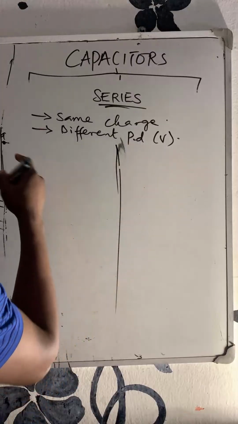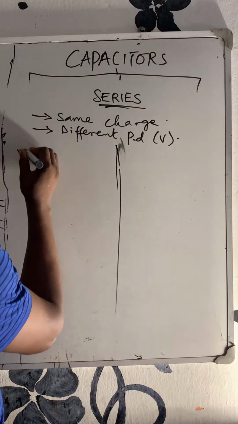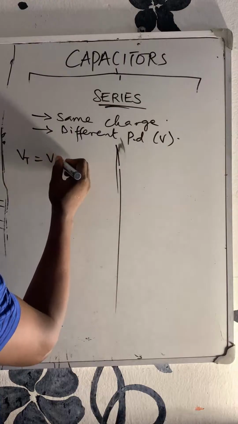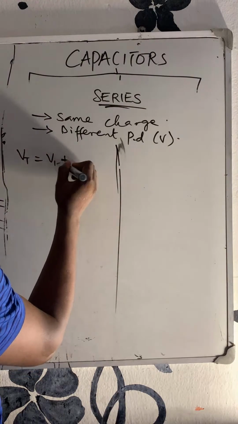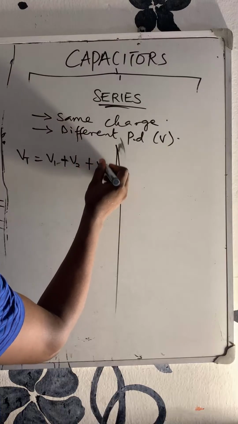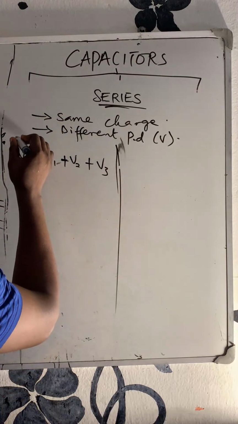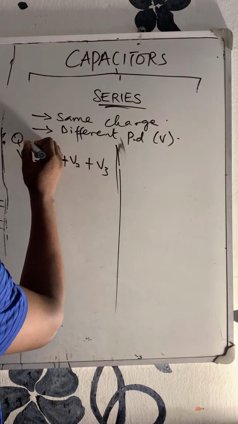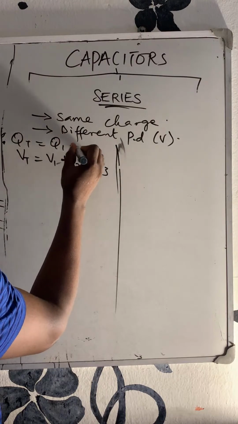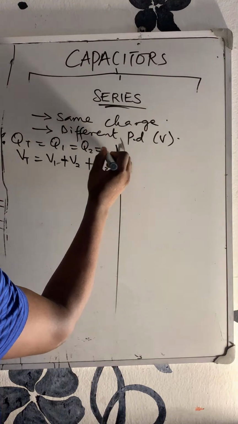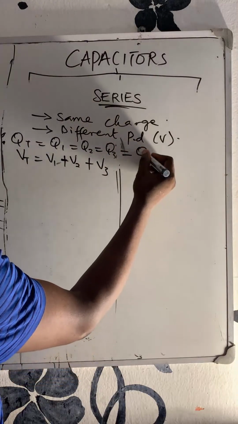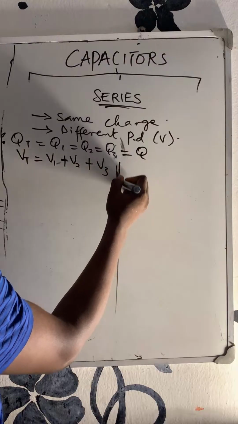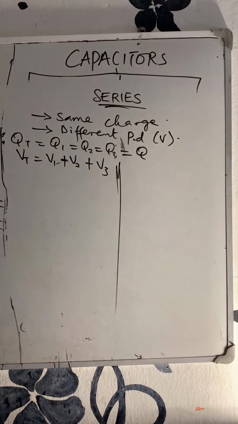Since PD is different, your V total is equal to V1 plus V2 plus V3. Don't forget that your Q total is equal to Q1, which is equal to Q2, which is equal to Q3, since they have the same charge in series.